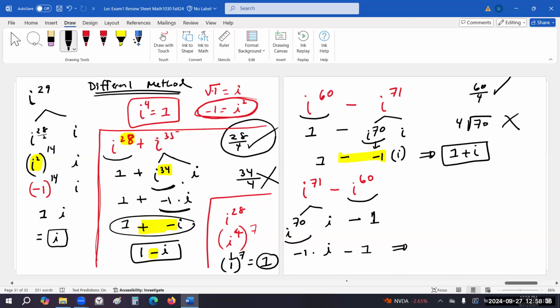Negative 1 times i, 1 times i. What do you have? Negative 1. Negative i. So negative i minus 1. I'm thinking here we can make 1, and we cannot... multiply to which one? The other negative 1?